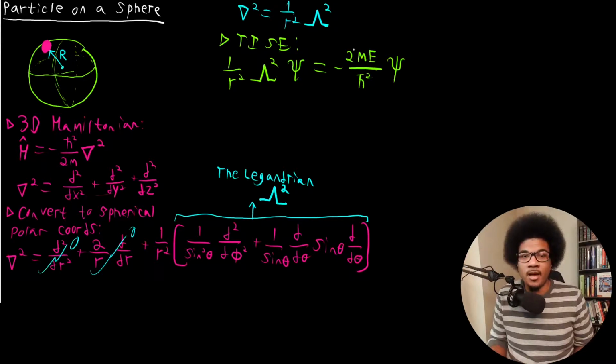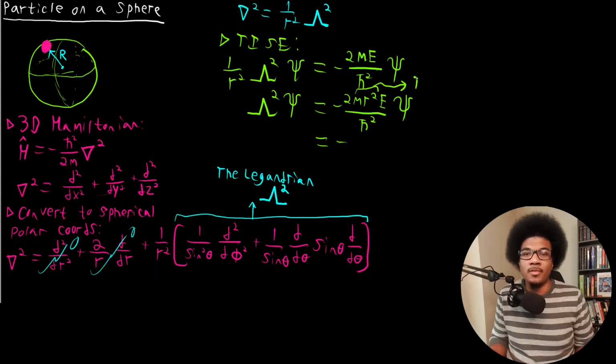Doing the algebra, I'm going to isolate the lambda squared. So we have lambda squared psi equal to negative 2mr squared E over h bar squared times psi. Now we have this mr squared term, and remember, this is the moment of inertia, so we can plug that in.